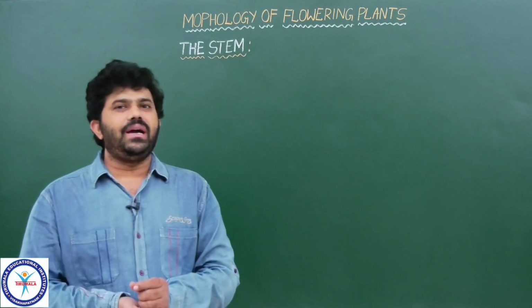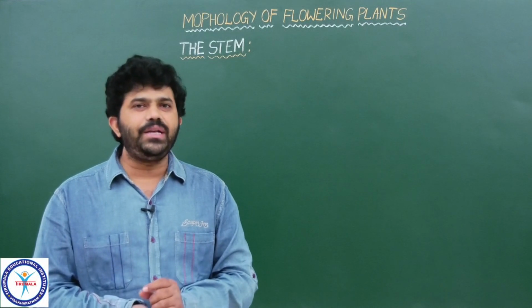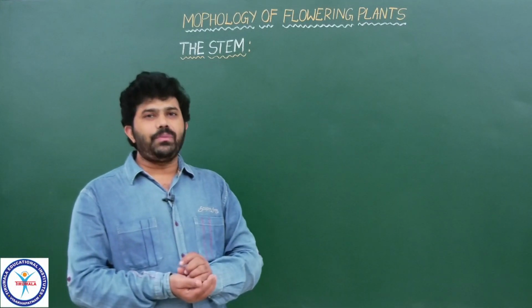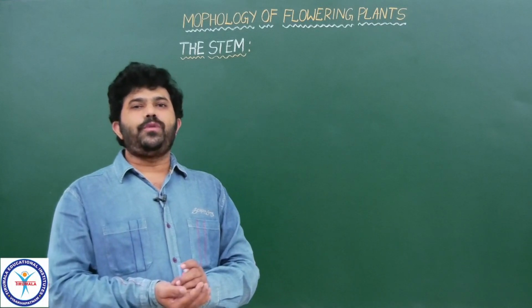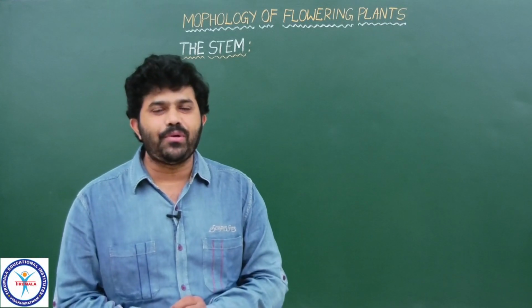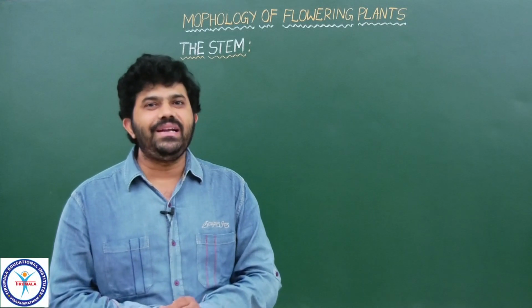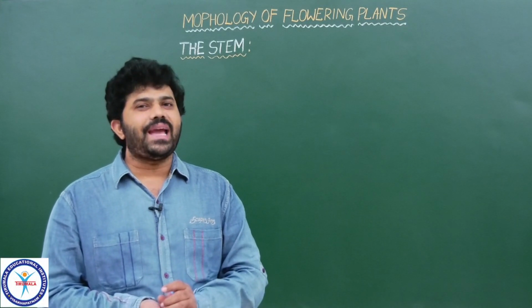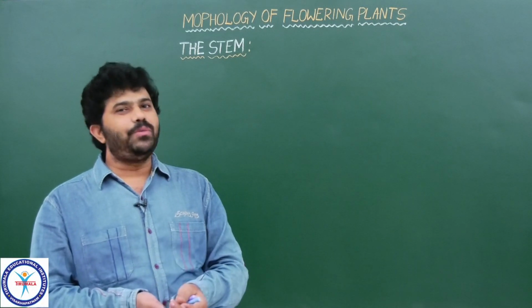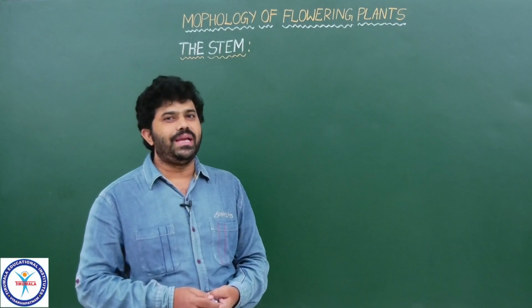We have a general idea, but we need to get that idea in a scientific manner, with scientific terminology. What should we follow to discuss the stem? What exactly is it? What structure is it? What functions are carried out by that particular part of the plant body, the stem?